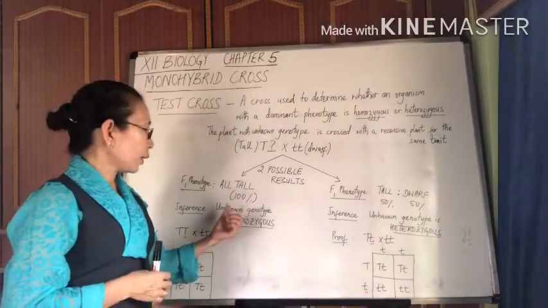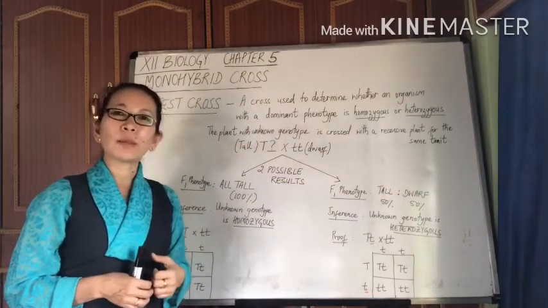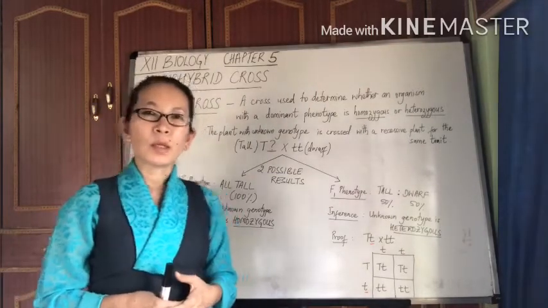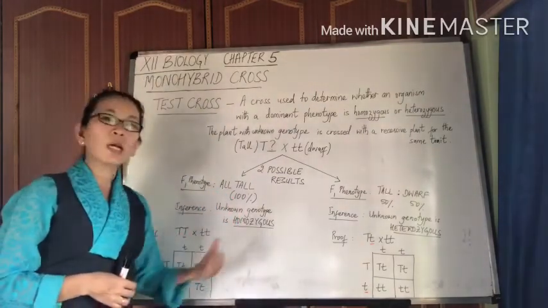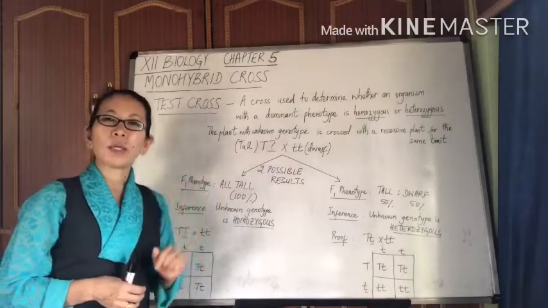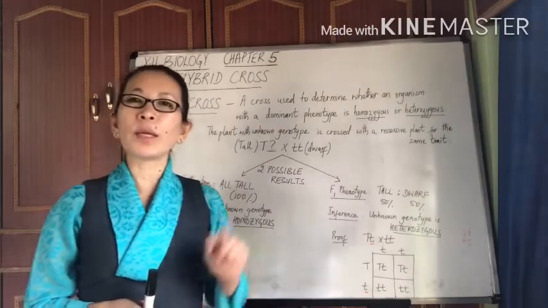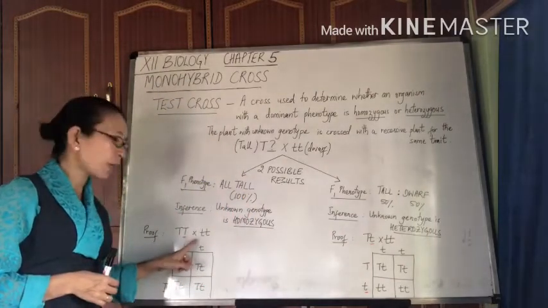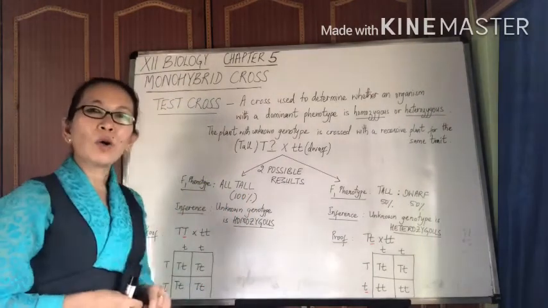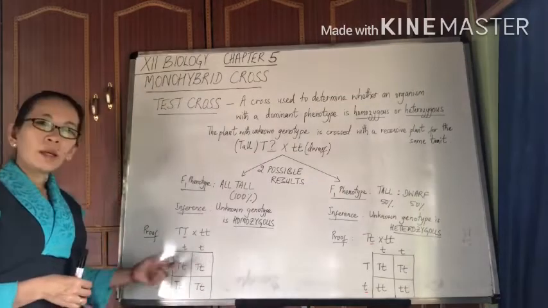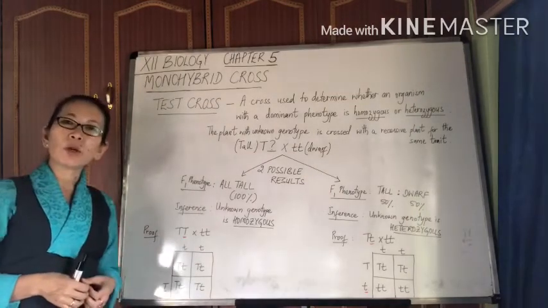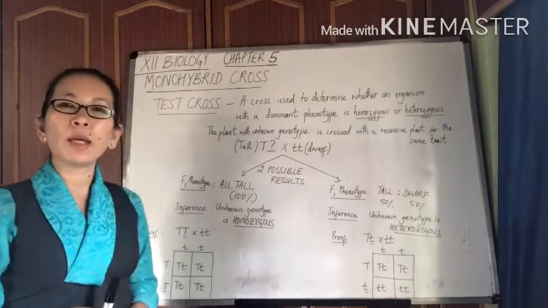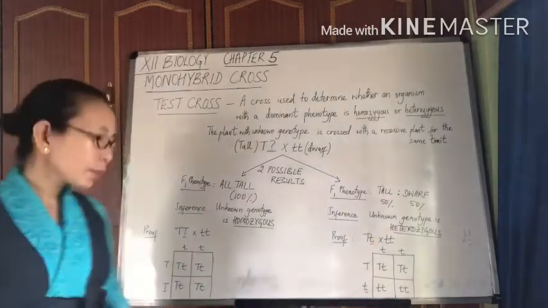In order to prove this, Mendel worked out the cross using a Punnett square. When we say it has to be homozygous, the tall plant is expected to have two capital T's. So if we cross a two-capital-T tall plant with a homozygous recessive dwarf plant, you have four possible genotypes from this cross.